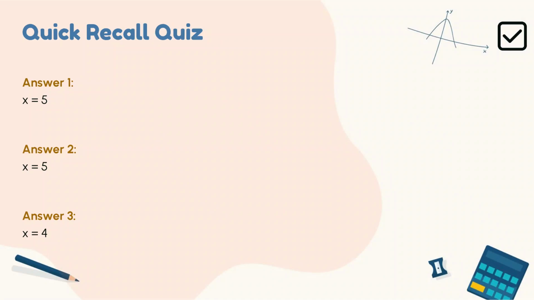Add 8 to both sides to get 4x = 20. Divide by 4, so x = 5. For question 3, 5x - 3 = 2x + 9. Subtract 2x from both sides to get 3x - 3 = 9. Add 3 to both sides to get 3x = 12. Divide by 3, so x = 4.